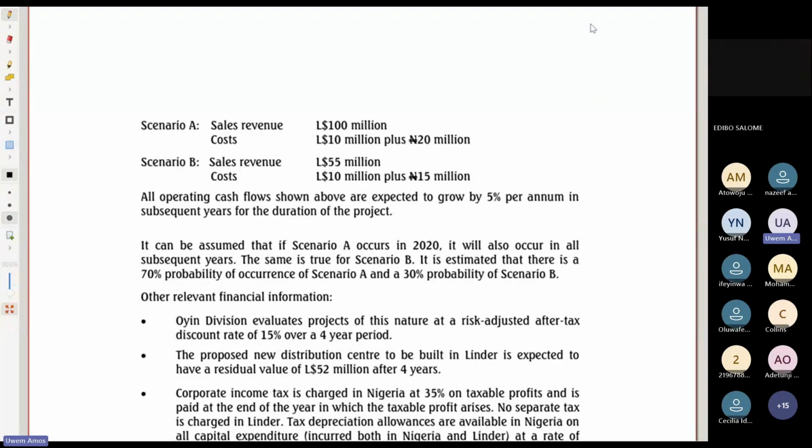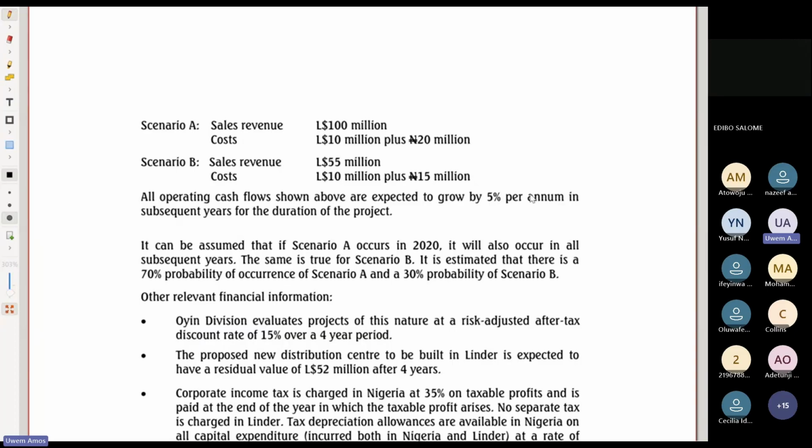So you have a cost given to us as 10 million Lindarian dollars plus 20 million naira. You cannot add $10 and 20,000 naira together. You need to convert one to the other to be able to add them. So that basically says, she'll tell us all that when we get to that. So the cost is 10 million Lindarian dollars and 20 million naira.